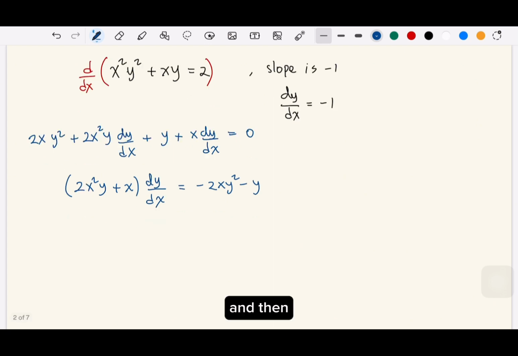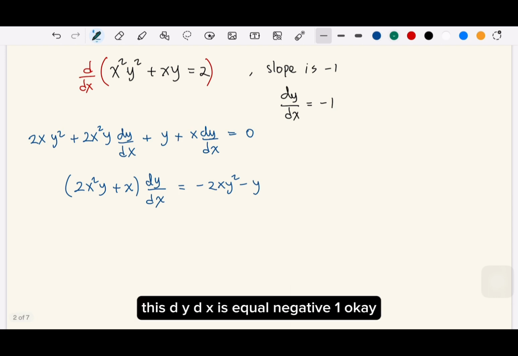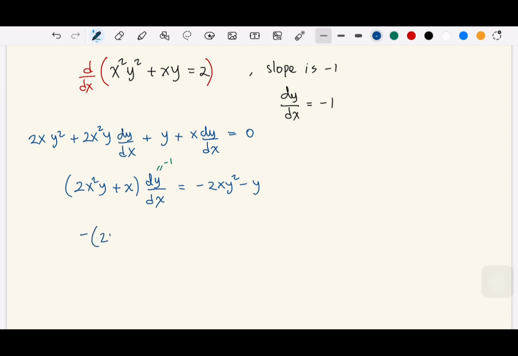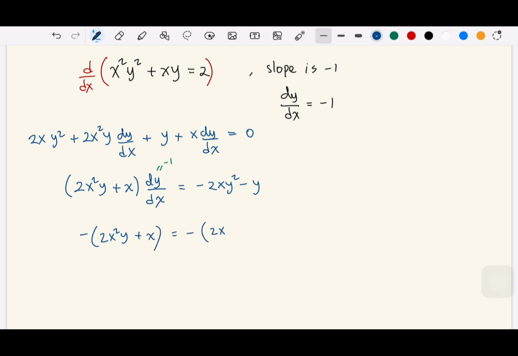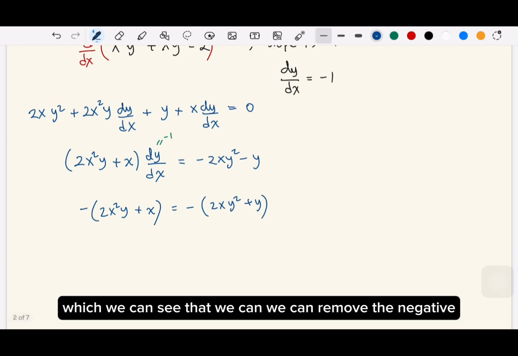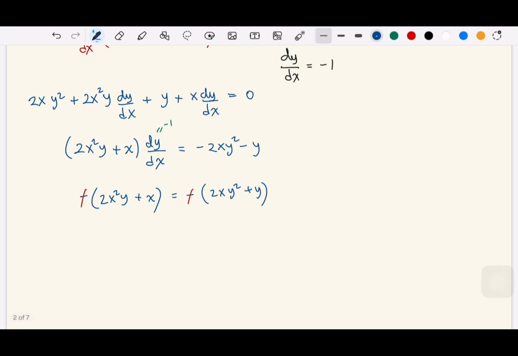And then dy/dx is equal to -1, so let's put dy/dx equal to -1. This will be negative, and we can put a negative here also, which means we can remove the negative.